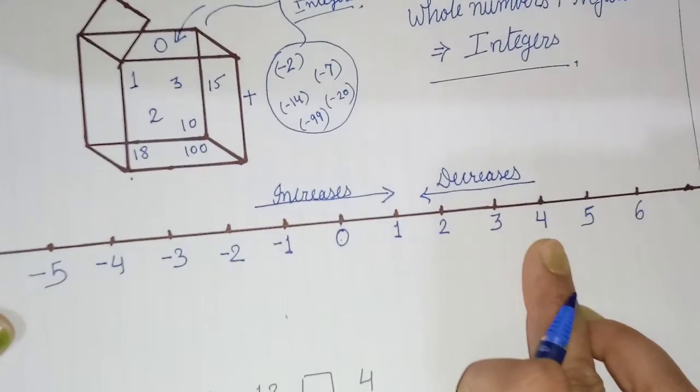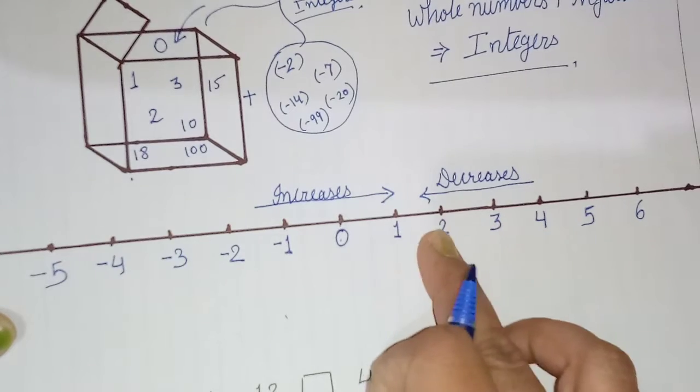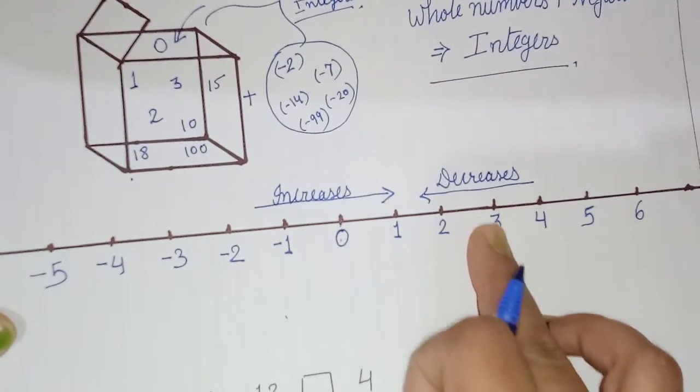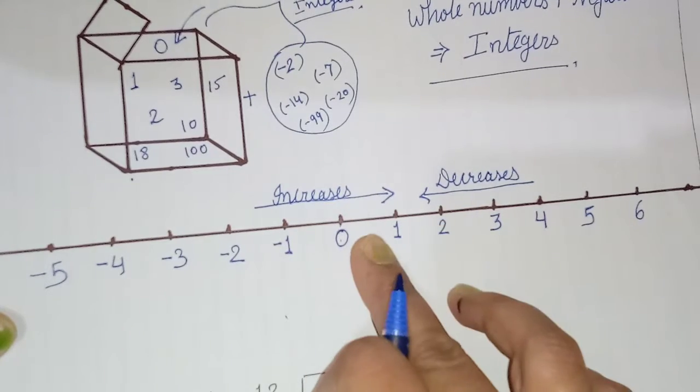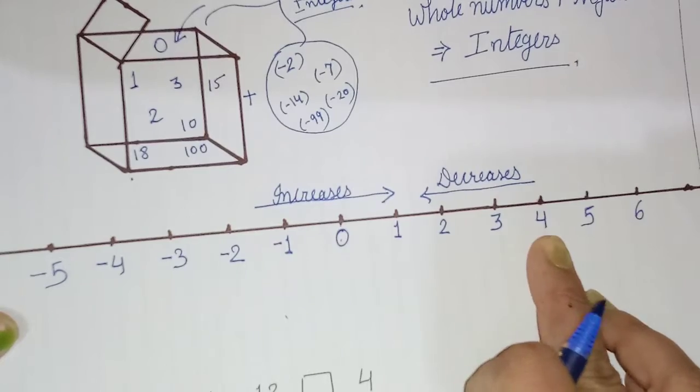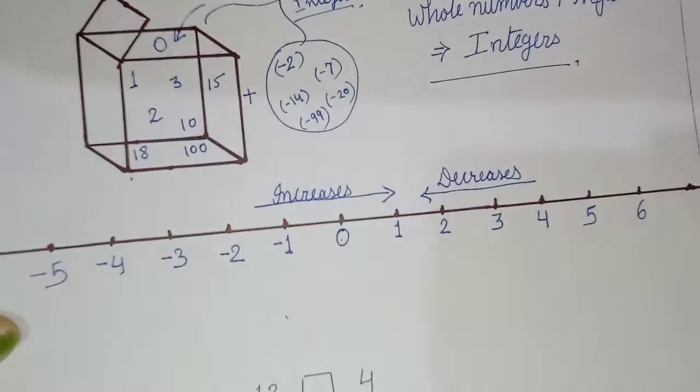See here, as it is 4 here, if we go to the left of this, we get 3. 3 is less than 4. 2 again smaller, 1 again smaller. So we are moving left starting from the 4, and we are getting numbers smaller than 4.